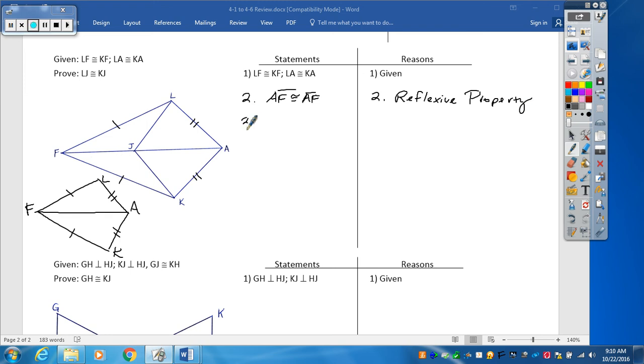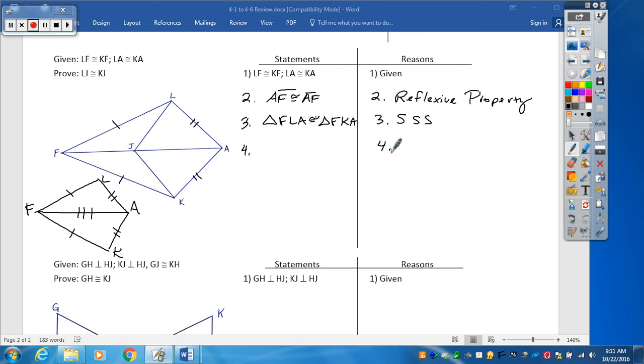If I go ahead and mark that down, I have congruent triangles, right? Side, side, side. So I'll say triangle FLA is congruent to triangle FKA by side, side, side.